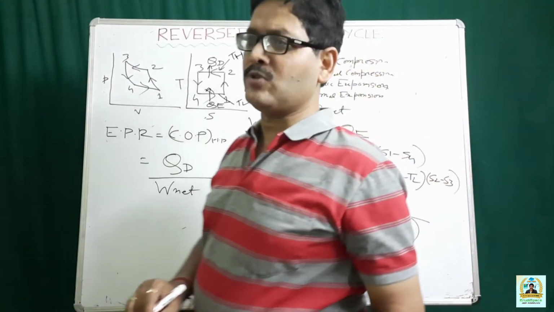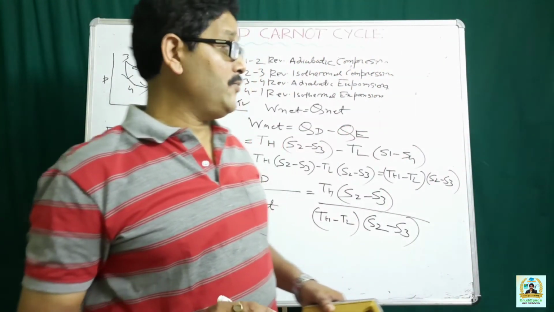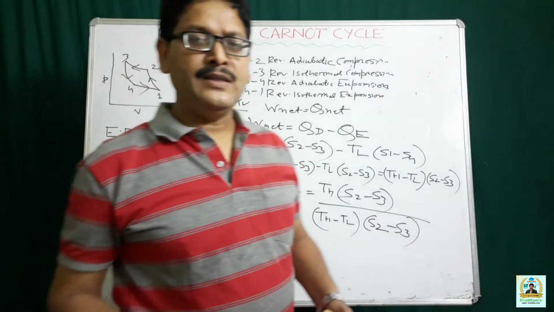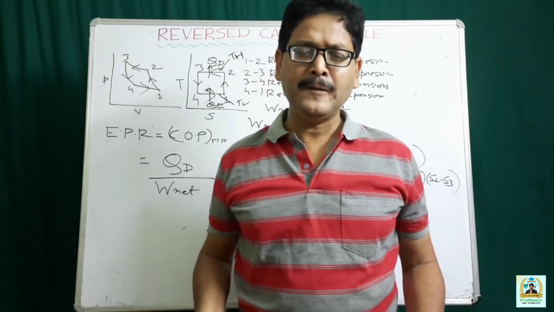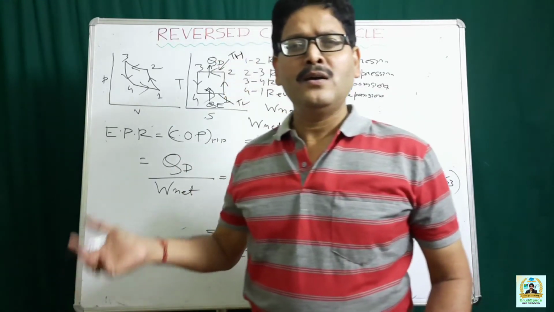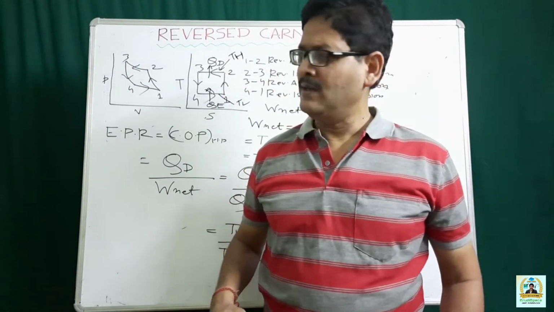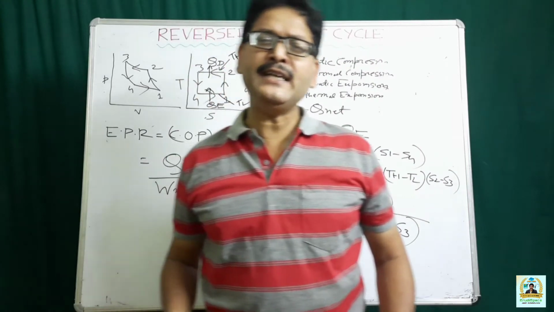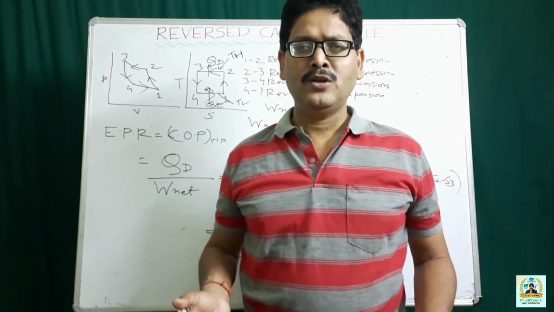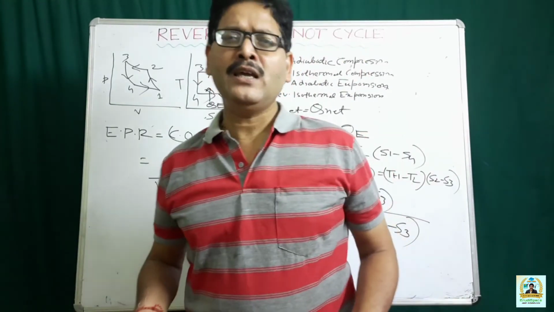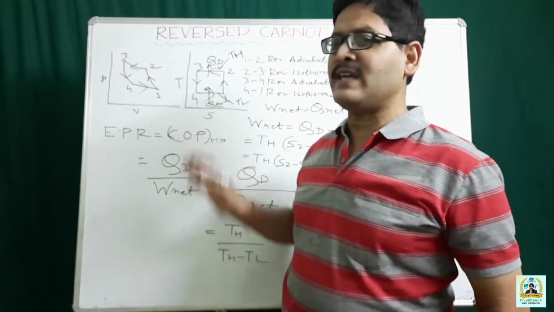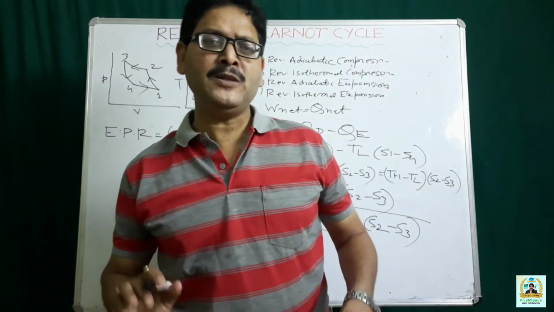Another thing that I would like to tell you, that don't get confused when I am computing the W net. There is a fundamental difference between the heat engine and the heat pump and refrigerator. Because in case of your heat engine, our objective is to get work output. So there, actually we get work output from the system. But in this case, actually work is spent upon the system.